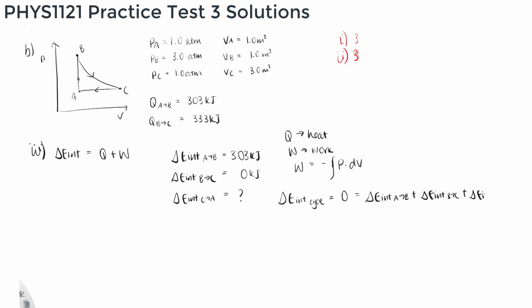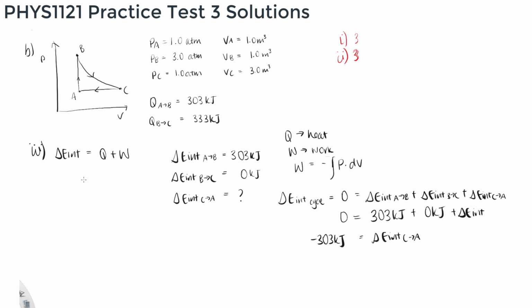This is actually a really neat way to work out quickly what the change in internal energy is as the system goes from C to A, because we know that this must be 0 and we know all the other values. Therefore, minus 303 kilojoules is the change in internal energy as the system goes from C to A.